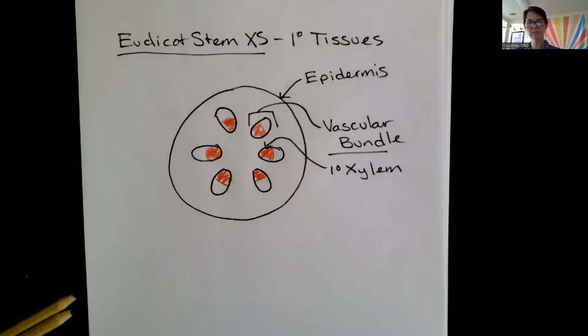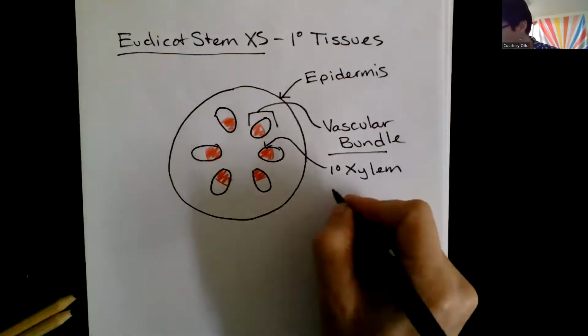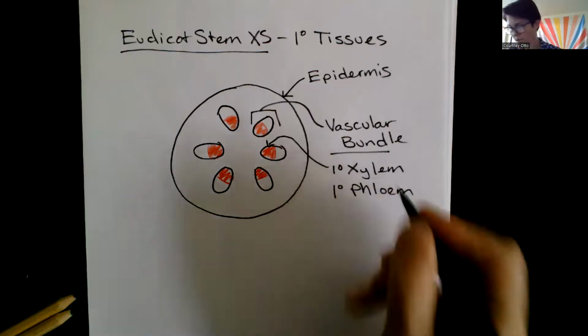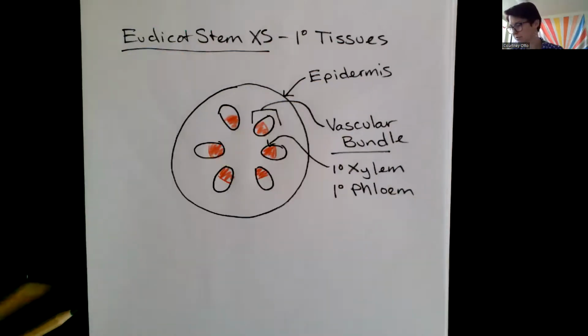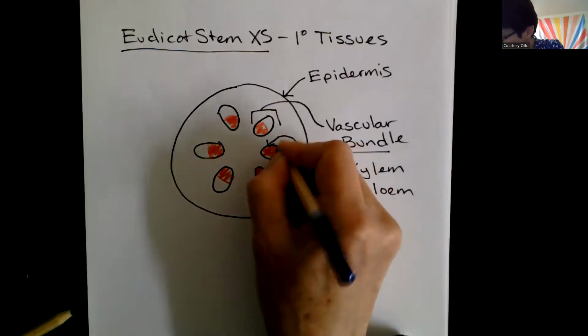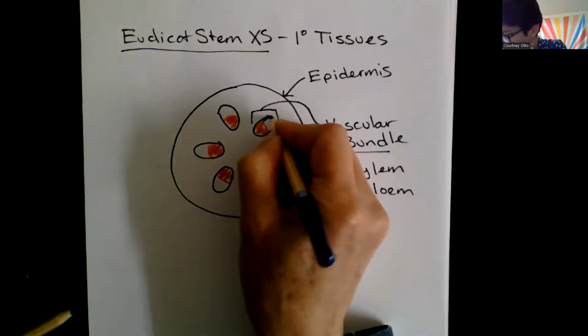The outside of our vascular bundles are going to be primary phloem. Remember, I'm going to keep drawing that in blue. That's going to be the outside of each one of these.